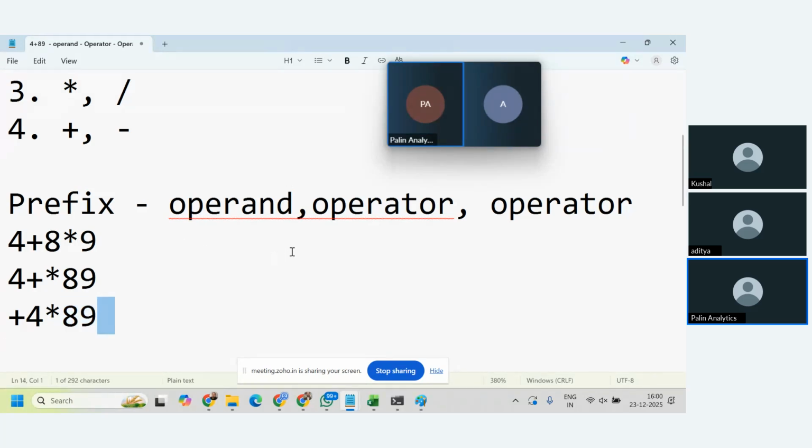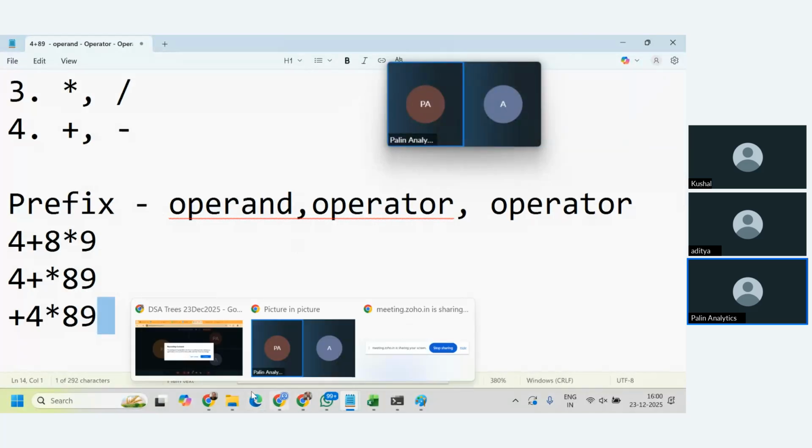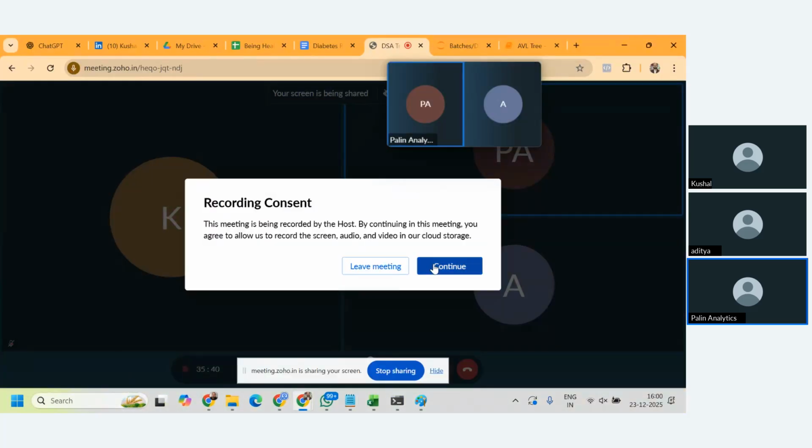So you can try making a program for this, or I can show you how these things are getting implemented. Let me open it.